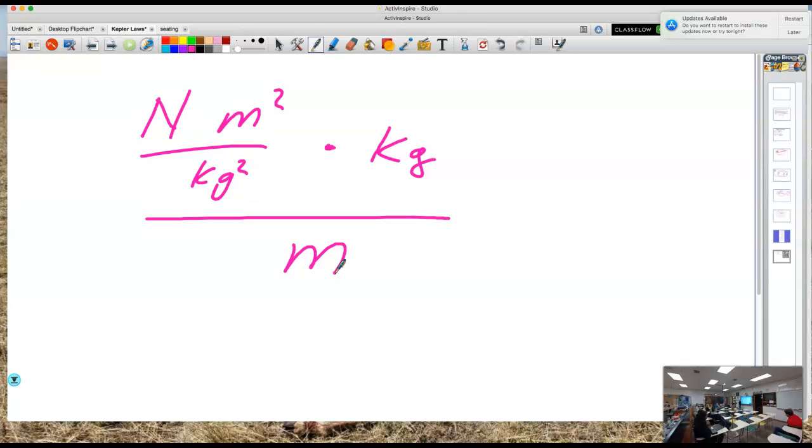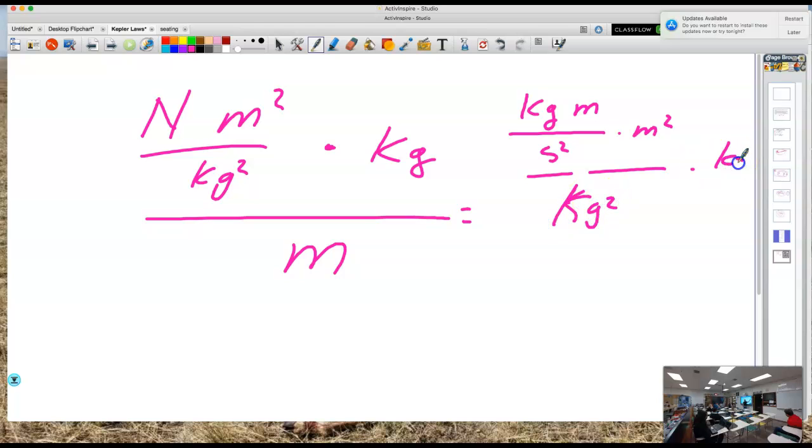So really what's in here is kilogram meter per second squared, that's that Newton, times meter squared all over kilograms squared, times kilograms all over meters.